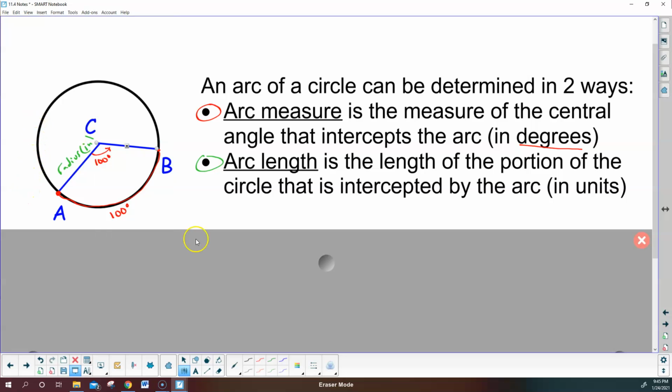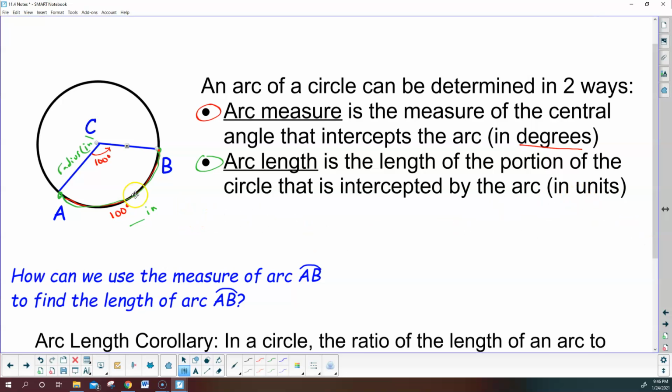Then the length of this arc, how long is this arc from here to here? Well, it's a portion of the circumference, and that length, whatever it might be, is measured in the same units as the radius. It's like if you were walking around from A to B, how far would you walk? You don't talk about that in degrees, you talk about it in units.